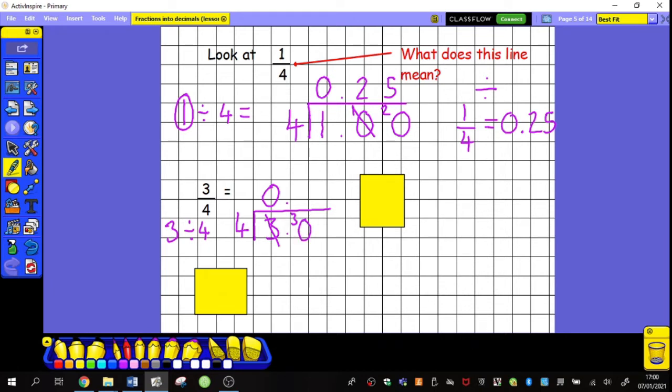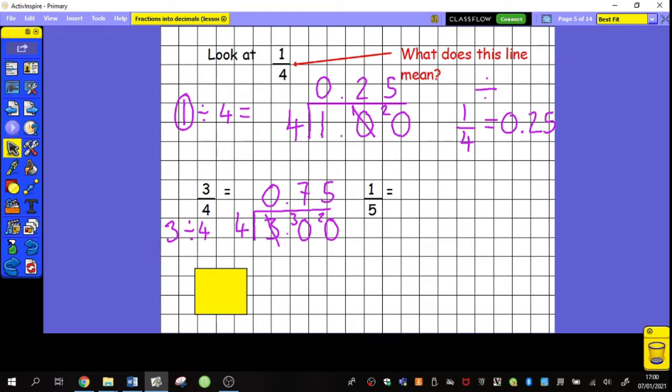So how many 4s now go into 30? I know that is 7. That would leave me with 2 remainder, because 4 times 7 is 28. Another 0 would be here, so now I can say how many 4s go into 20. Nice and easy, 5 4s go into 20. 4 times 5 is 20. So 3/4 must equal 0.75.